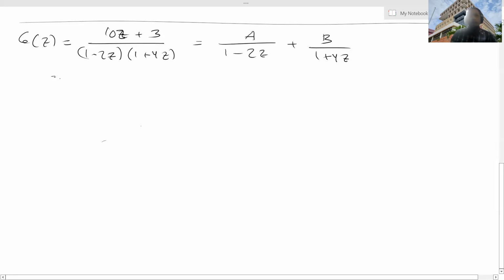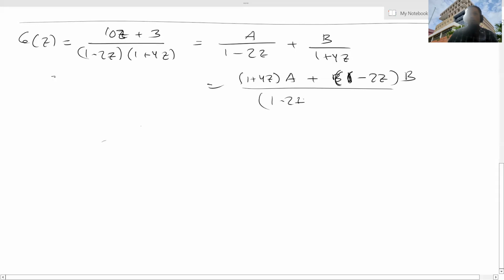So how do we do that? First, note that we could write the right-hand side as (1 + 4z) times A plus (1 - 2z) times B, over (1 - 2z) times (1 + 4z).